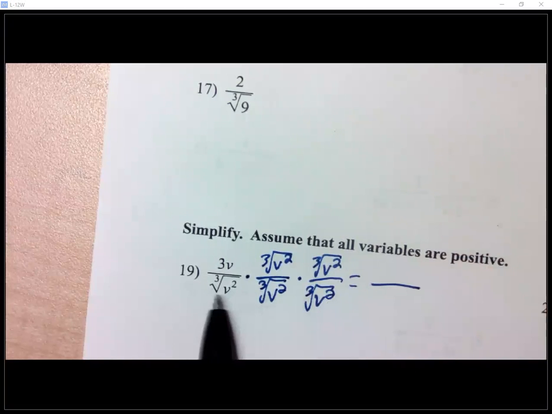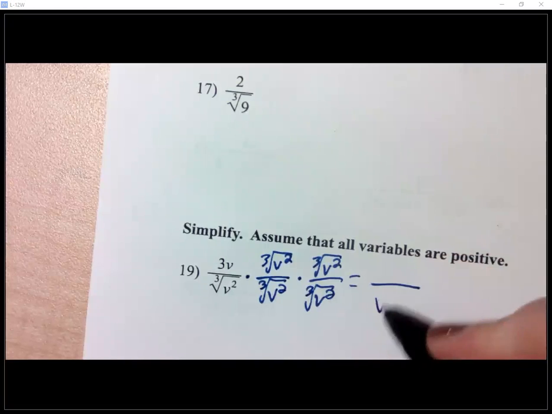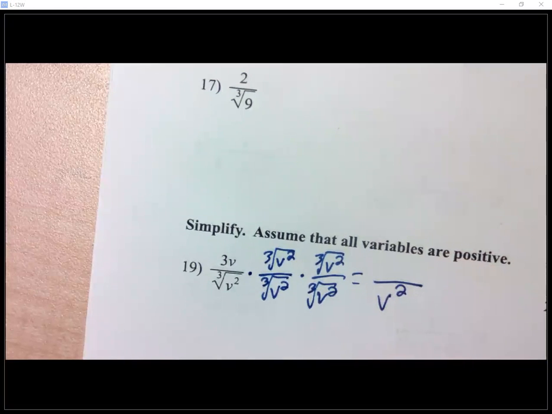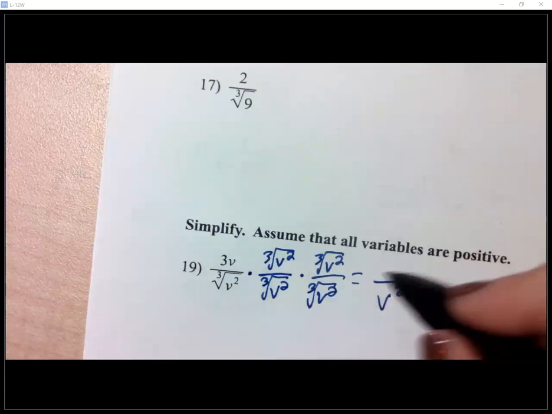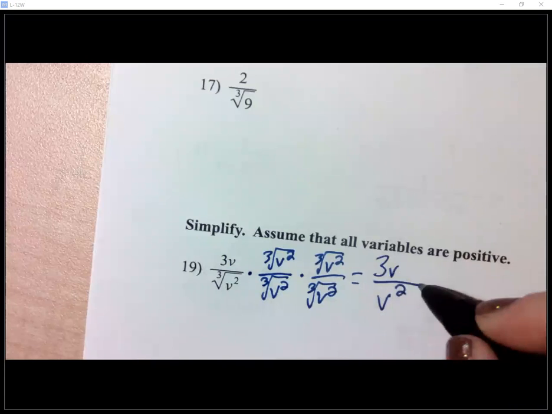So the denominator right here is just going to be what? V squared, that's it. Cubing a cube root gets rid of the whole house. It makes it go away. And then in the numerator, I just multiply everything together. So I'd have 3v, and then what do you think is in that root? It'd be the cube root of what? V to the 4th. Yes.